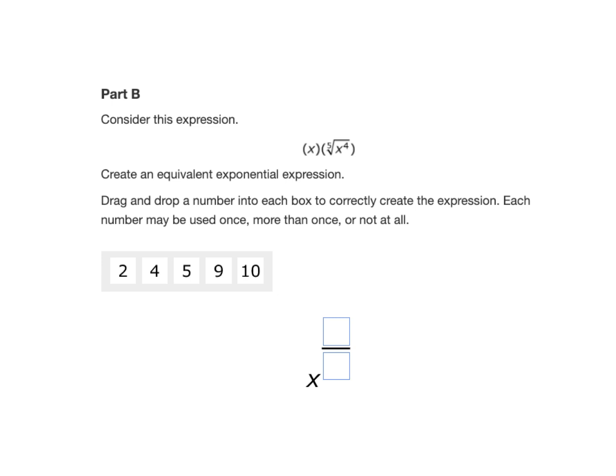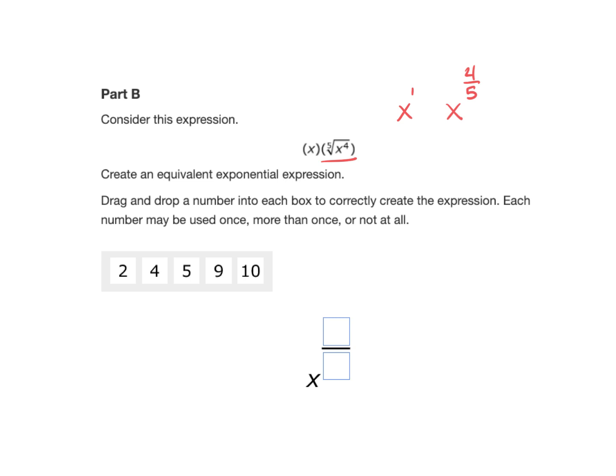Okay? So, oh boy. Okay, so we have x, obviously, and that's to the 1st power, even though it's not written. And then this x to the fourth, the fifth root of x to the fourth, we would write as x to the 4/5.